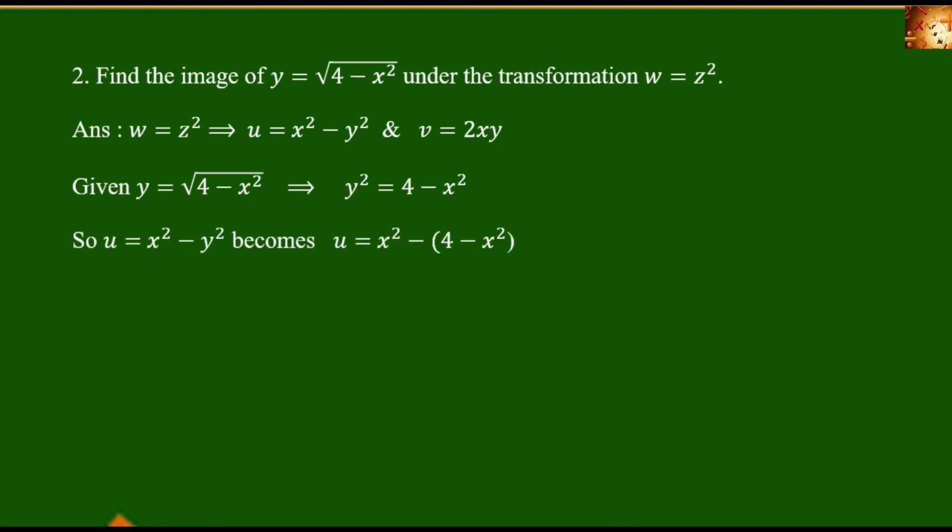So u equal to x square minus y square becomes u equal to x square minus, in place of y square substitute 4 minus x square, that is 2x square minus 4. Next we want to eliminate x. We are searching for the image in the w plane, so we want to eliminate the variable x. For that 2x square equal to u plus 4, that is x square equal to (u plus 4) by 2.